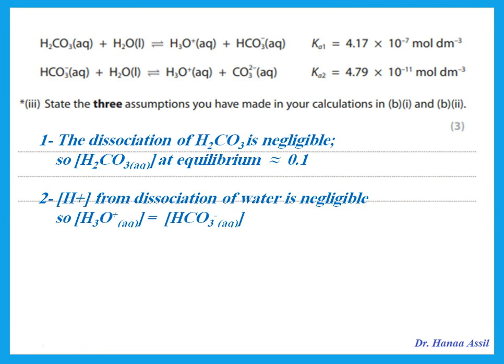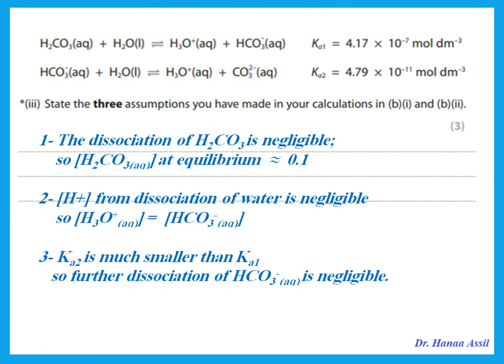So the concentration of H3O plus, or the concentration of H plus ions, we regard as the same as the concentration of HCO3 minus, as if the H plus came only from the carbonic acid, and not from the dissociation of water.